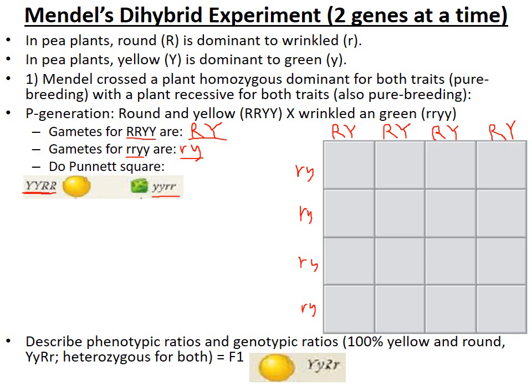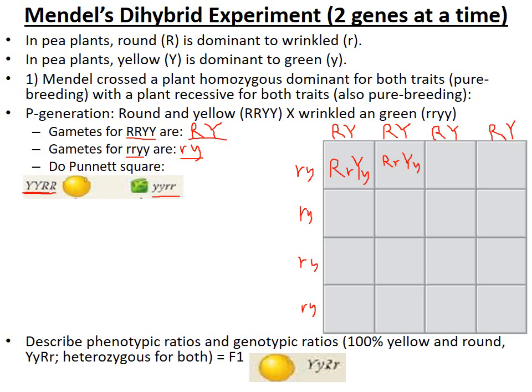And then I'm going to perform the fertilization. So I'm going to have big R, little r, big Y, little y. One more time here: big R, little r, big Y, little y.